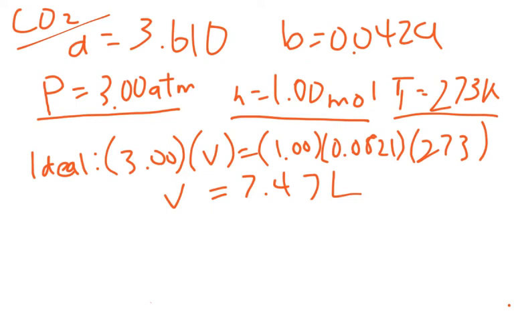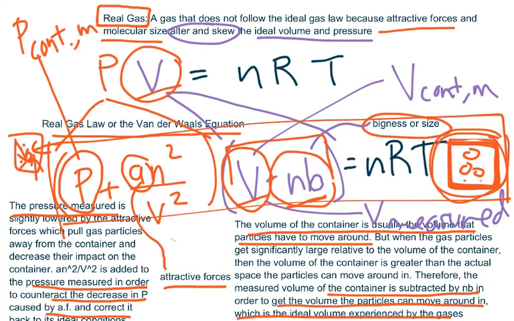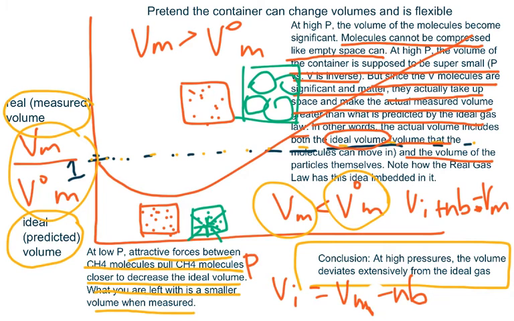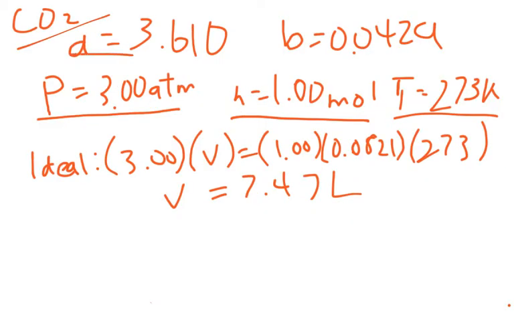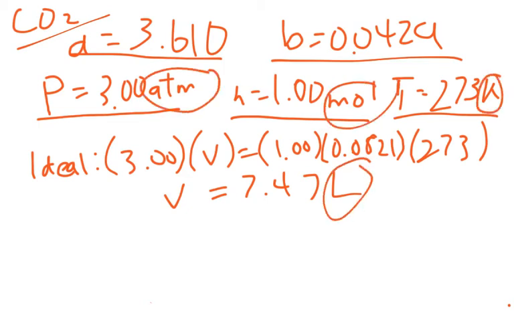And remember how the real gas law had coefficients a and b? Well, these coefficients are unique to every gas, and for carbon dioxide, a is 3.610, and b is 0.0429, and these stay true as long as we use atm, moles, Kelvin, and liters.